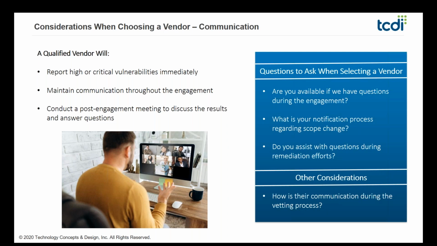Something that we've seen is it provides a lot of value when there are vulnerabilities discovered that are highs or criticals or even mediums, or a collection of vulnerabilities that can be used in a holistic fashion to perform a greater attack, and the vendor takes that information and provides it to the client immediately, as opposed to throwing the kitchen sink at everything, gaining access that would have been very easy because of those vulnerabilities, and then telling the client about it at the end of the engagement.